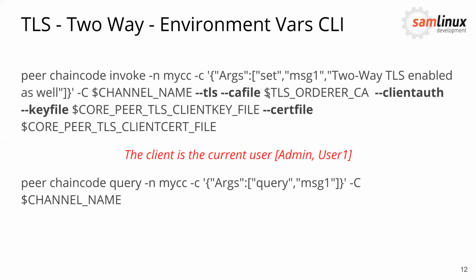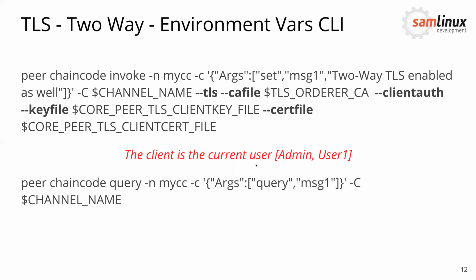And for this, I have set up environment variables so that I can define an environment variable for the TLS orderer CA file for the orderer certificate. So that reduces the amount of text here, and so it's a little bit easier to control the command.